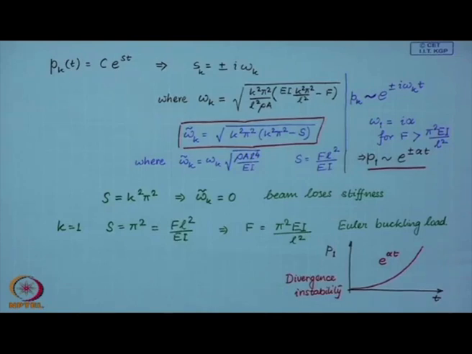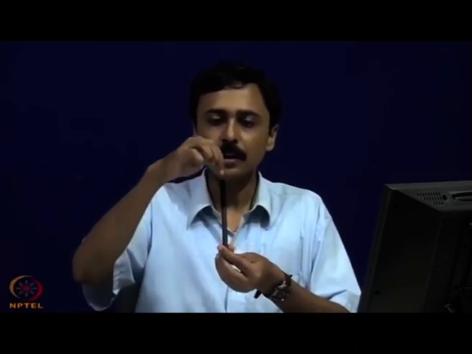Now, this can be used to estimate the buckling load of a column without destroying the column. If you want to estimate the buckling load of a certain column, and you give an axial load and keep increasing it, when it reaches the buckling load, this column is going to have large deflections, and very likely this column is going to get destroyed or spoiled.